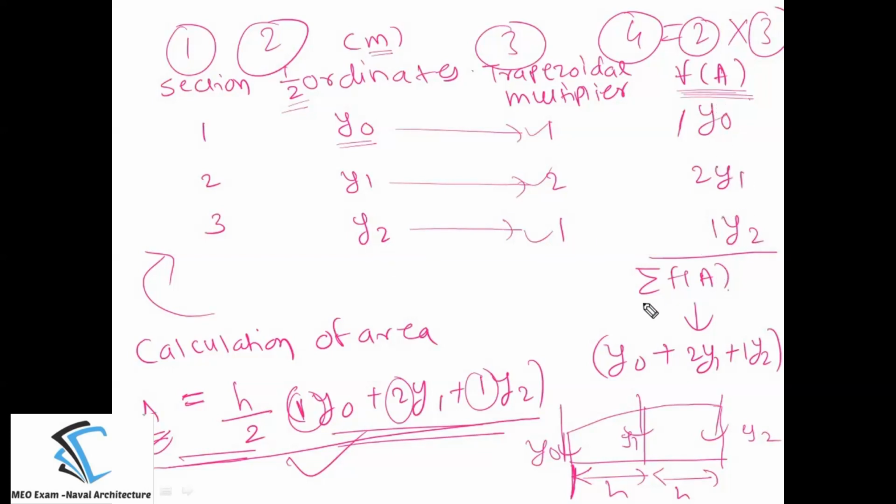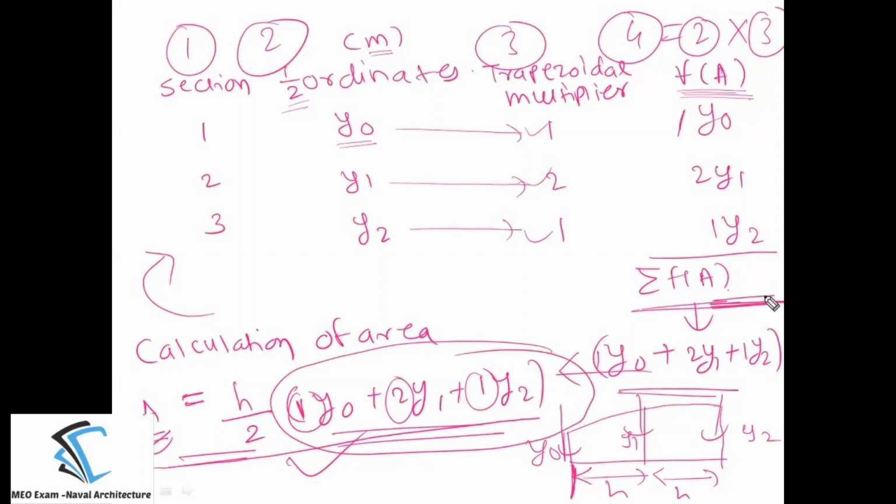So do the algebraic summation of this, that I am calling here summation of f of a, and that is equal to 1 y0 plus 2 y1 plus 1 y2, and that is the same as this one. Whatever number is coming here won't be an area, it will be a function of area. After whatever value you get here, you have to multiply with h by 2, then only you will get the actual area.